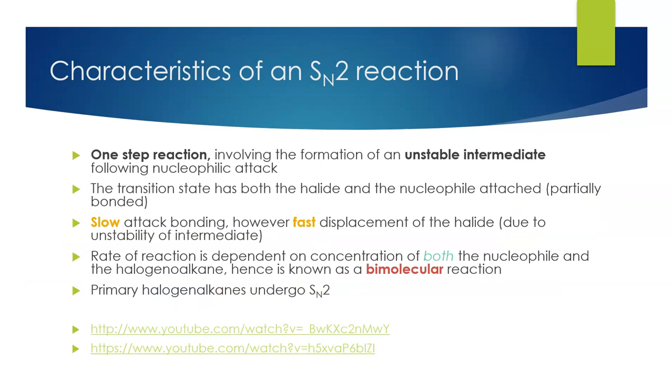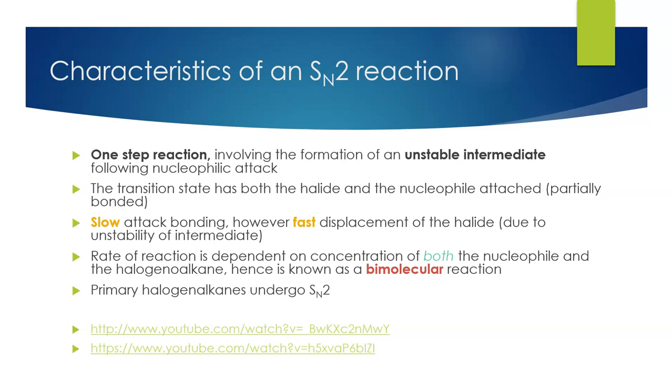So the characteristics of an SN2 reaction that we need to know is that it's a one-step reaction that involves two species in the formation of the intermediate, and that this unstable intermediate will quickly form the product. So the formation of the intermediate is the rate determining step.